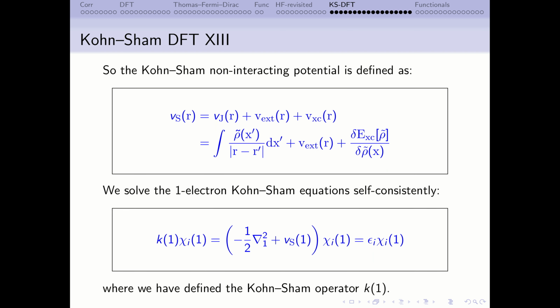These equations also need to be solved self-consistently, like we solved the Fock equations, because, for example, the Coulomb potential contains the density, and the density is made up of these solutions chi I. So you need to make a guess for this before you can start to solve these equations to get chi I. And then you improve the guess iteratively until it converges.